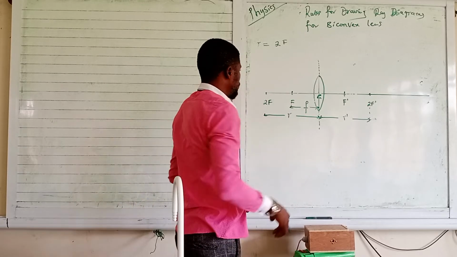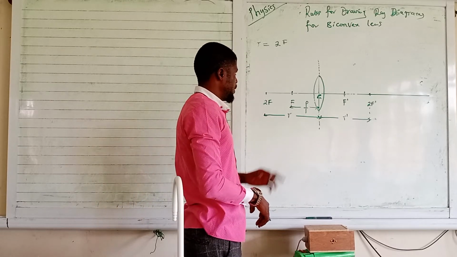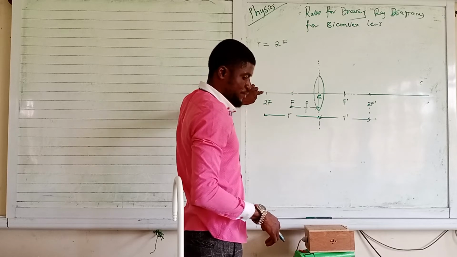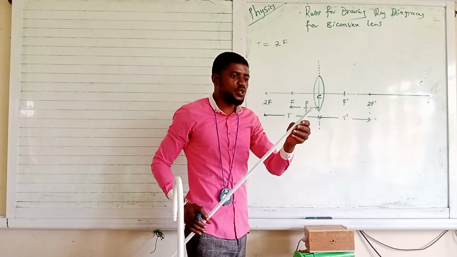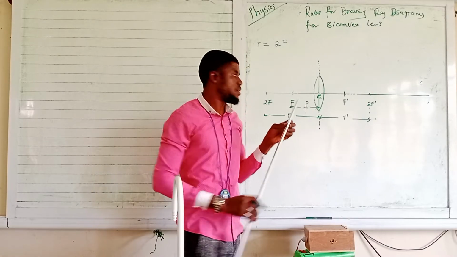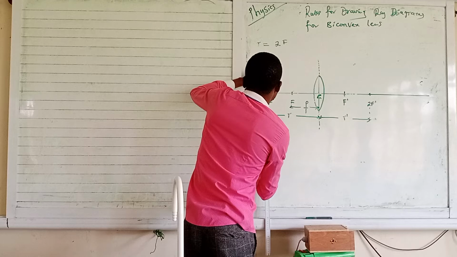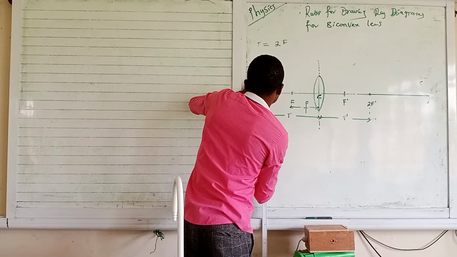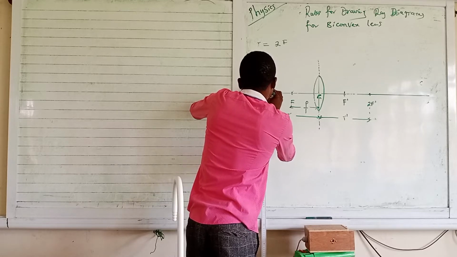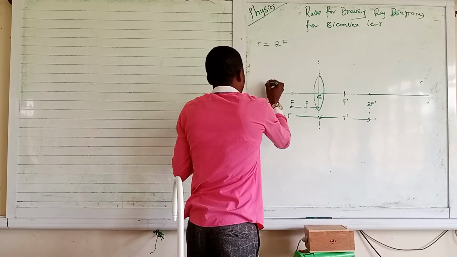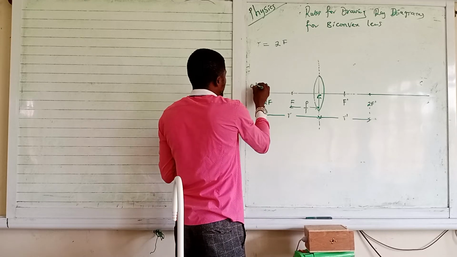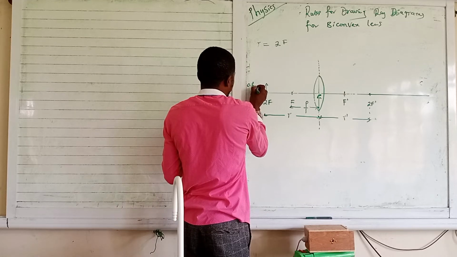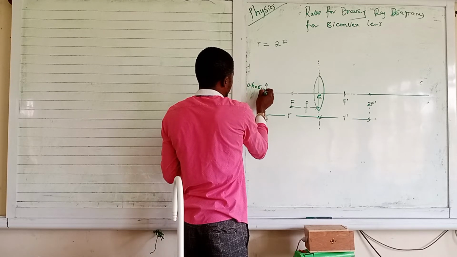So, let us choose where our object will be. Let's place our object at 2F. Our object height, we are choosing 5 cm.